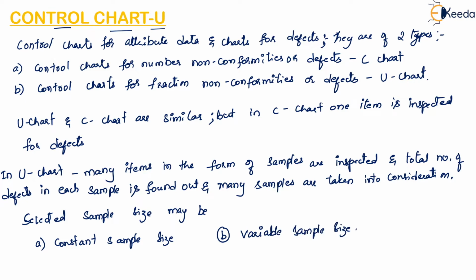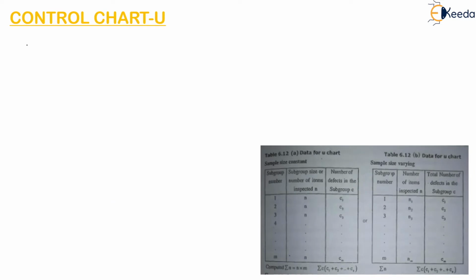Now let us see how this U chart has to be plotted: what we have to compute and what we have to take into consideration. The data for the U chart, that is the chart for fraction defect, is shown in this table.